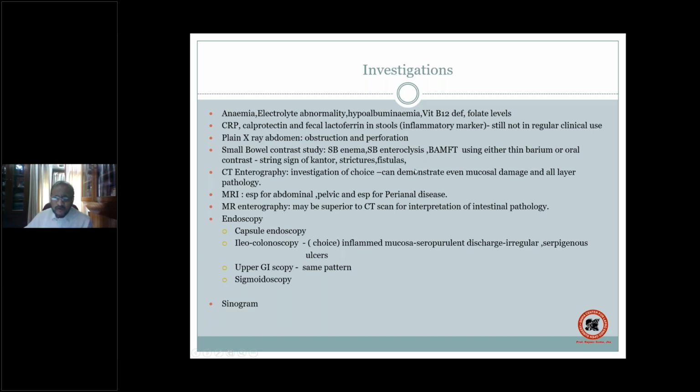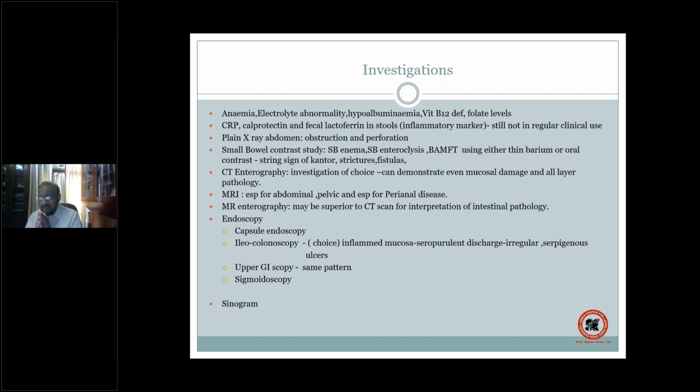And of course, proximal abnormal dilatations with a thickened bowel wall can all be studied on a small bowel contrast study, but much better done with a CT enterography, which is the investigation of choice. So instead of doing a simple small bowel contrast, you can do a CT contrast and then a CT enterography, and it can demonstrate even the mucosal damage and pathology of all layers, which may not be demonstrable on a small bowel contrast study.